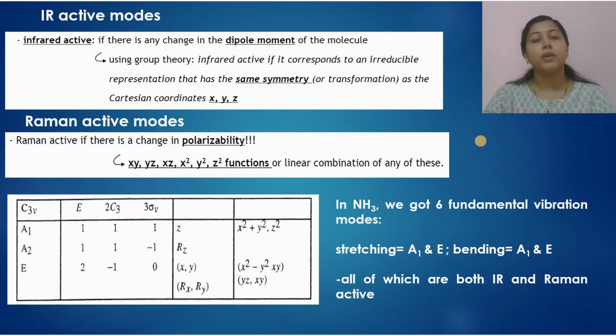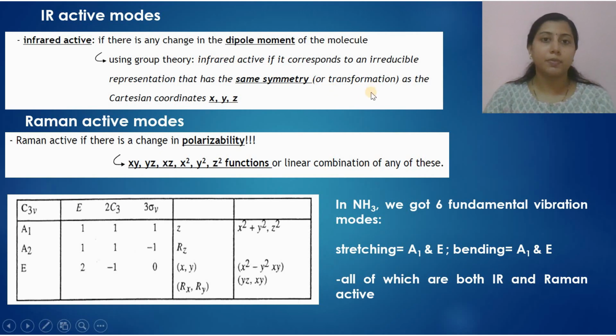Now we have to find out whether these vibrational modes are IR and Raman active. So recall the selection rule for IR activity. The vibrations must cause a change in the dipole moment of the molecule. And using group theory, looking at the character table, we can predict whether a particular representation is IR active or not.